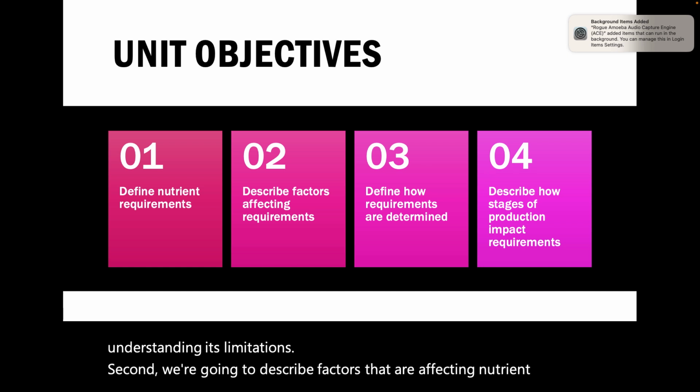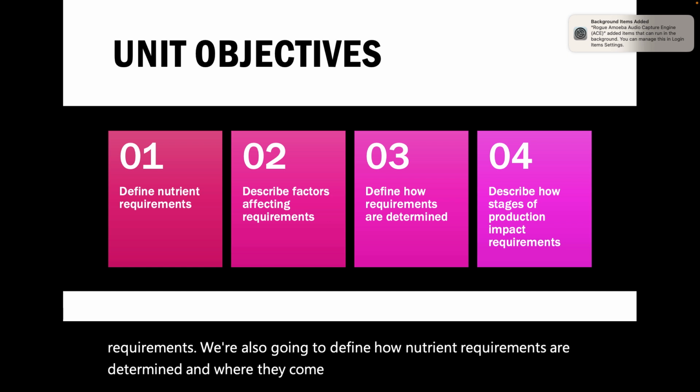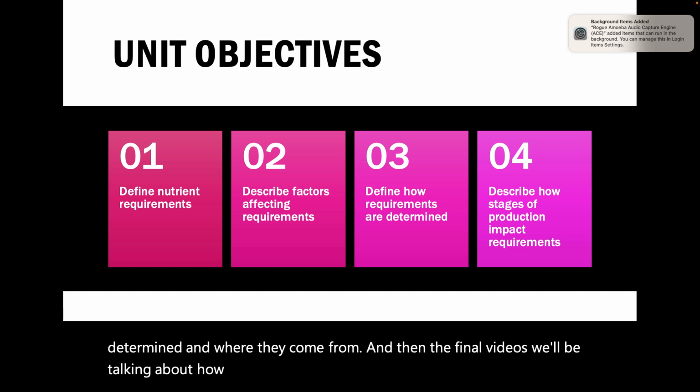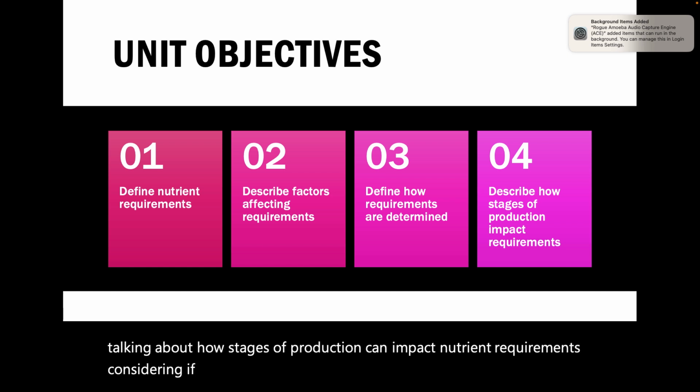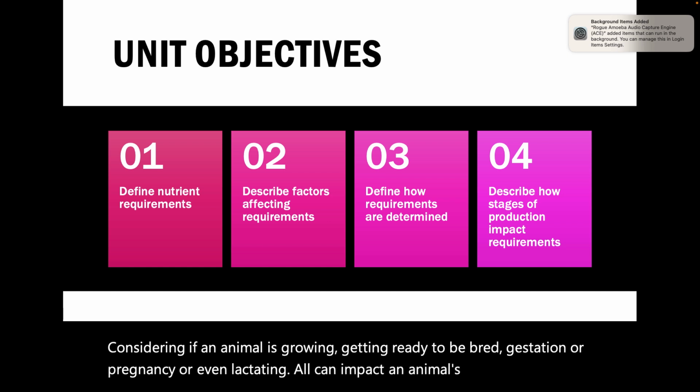We're also going to define how nutrient requirements are determined and where they come from. And then the final videos will be talking about how stages of production can impact nutrient requirements, considering if an animal's growing, getting ready to be bred, gestation or pregnancy, or even lactating, all can impact an animal's nutrient requirements.